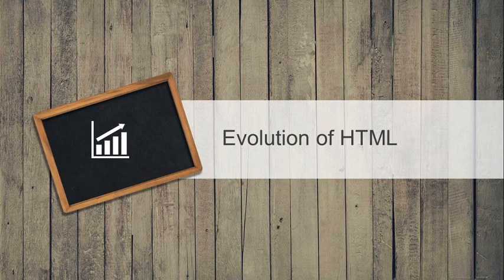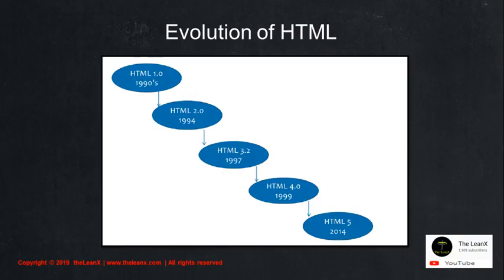Proceeding further, we will see how the evolution of HTML took place. In 1993 it was used for the first time. HTML 1.0 was created in the 1990s, but actually it was used in 1993.